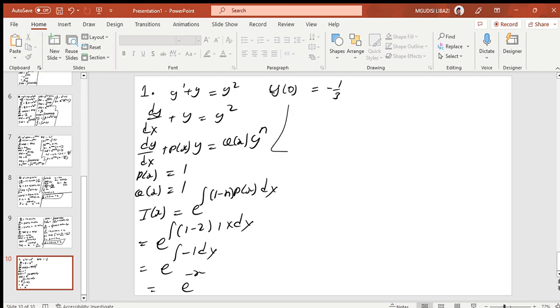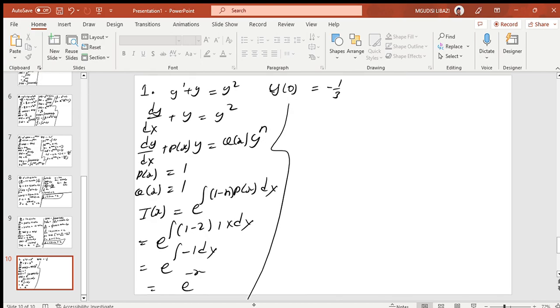That's our integrating factor. And again, our solution will be y raised to 1 minus n multiplied by the integrating factor I of x, which will be equal to the integral of 1 minus n multiplied by I of x multiplied by q of x multiplied by dx plus c.